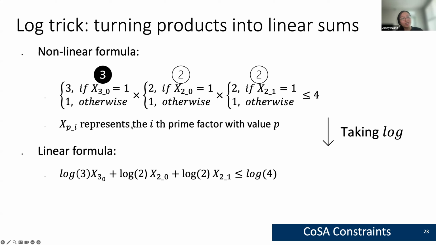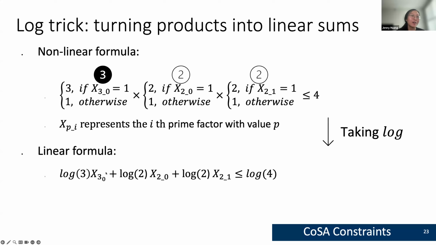In this case, what we did is we take the log of each term so that we can turn this into a linear formula. Basically, if we turn both sides into a log equation, it becomes a linear programming formulation, because when the x variable is 1, we're multiplying with the log factor of 3.